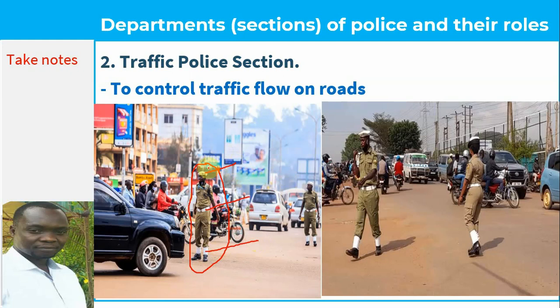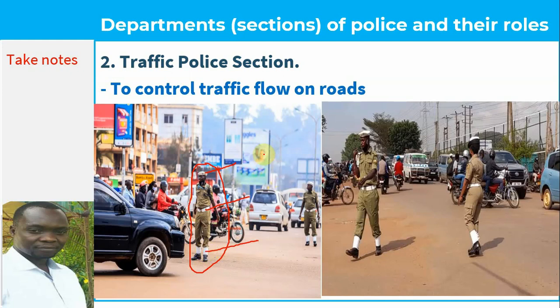Now, the color white is used by the police for identification. White is easy. You are able to see a police officer easily, on his white beret, white belt, and then the white foot belt. This is for easy identification.